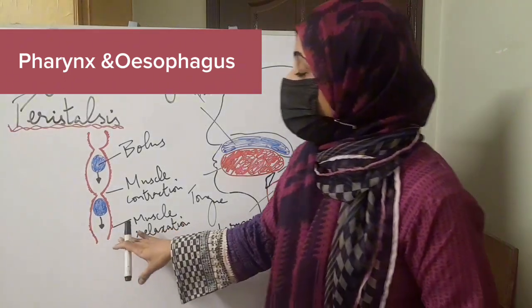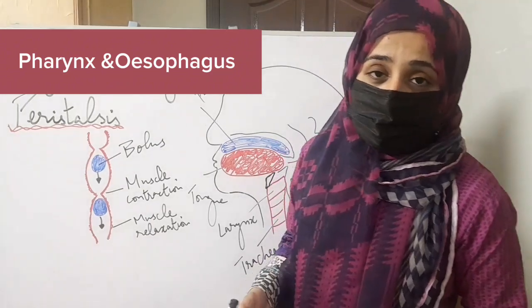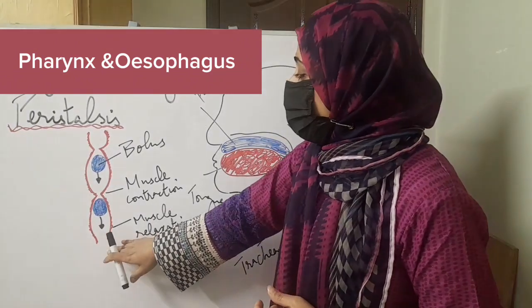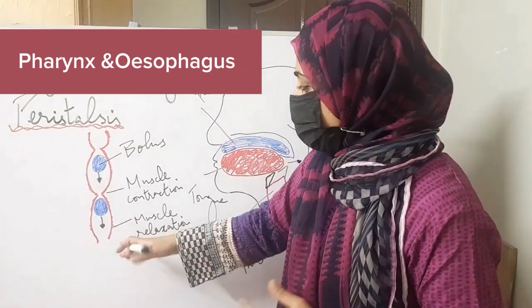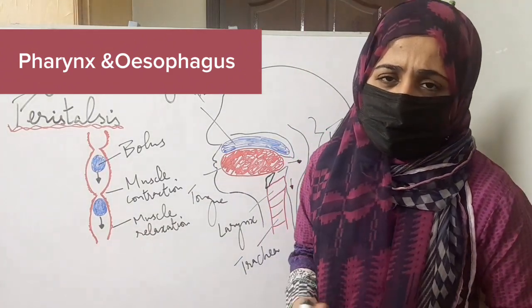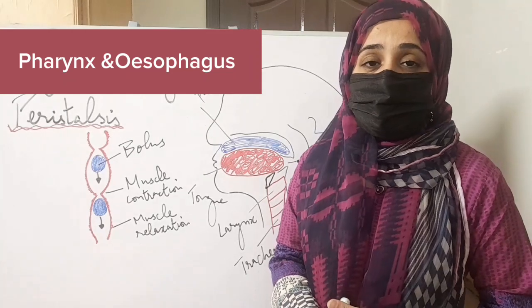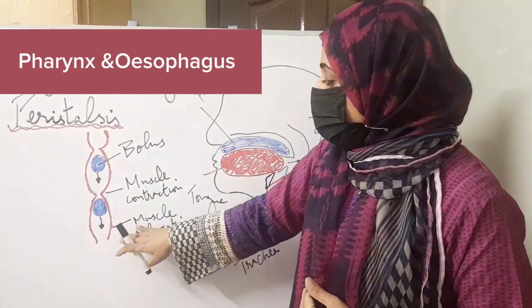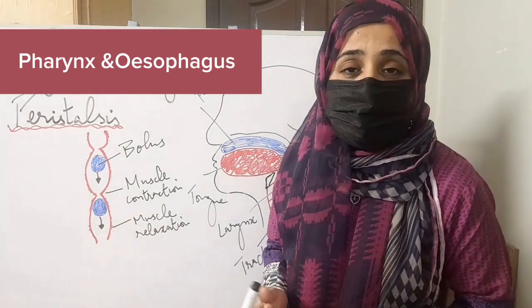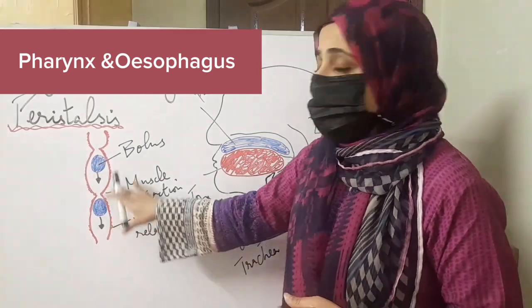As a result, vomiting is caused, which is called retroperistalsis. In this way, partially digested food moves upward in the opposite direction. In retroperistalsis, the movement of food is reversed and vomiting is caused.